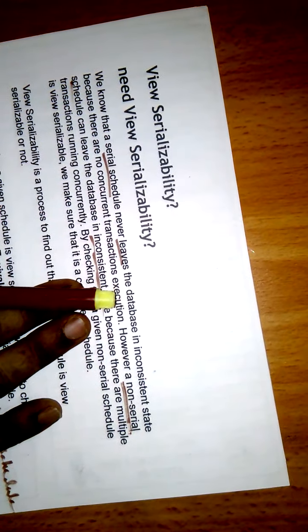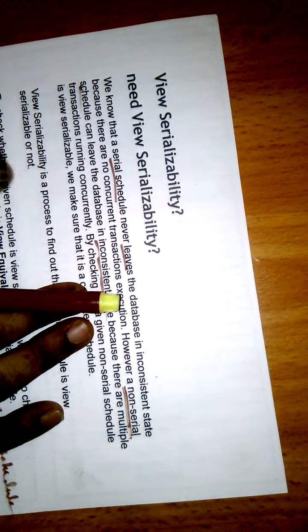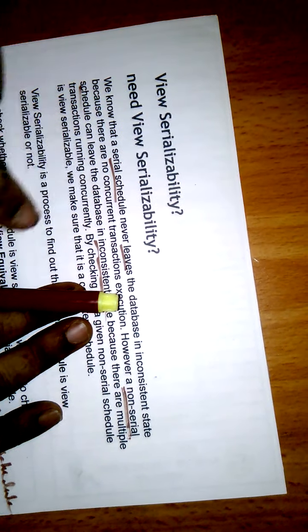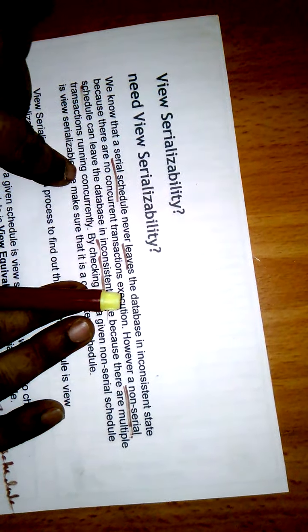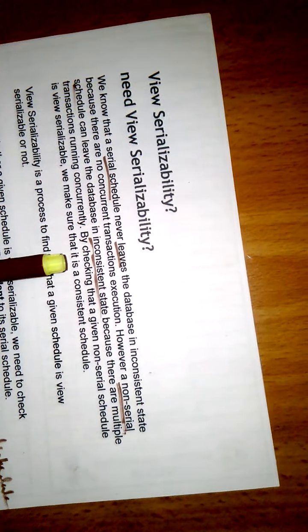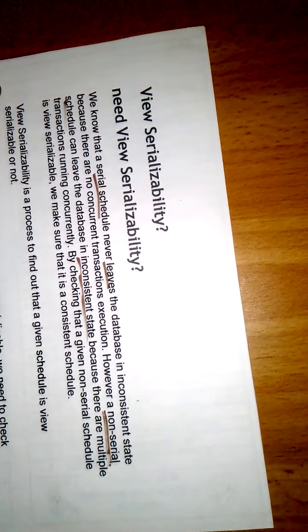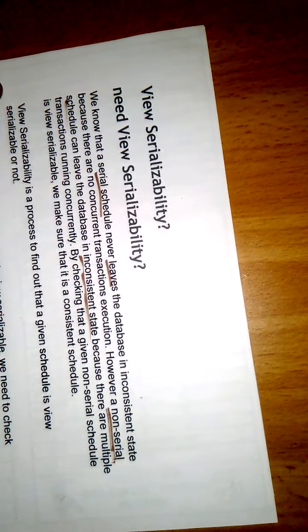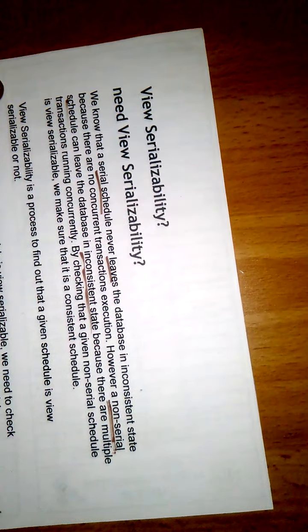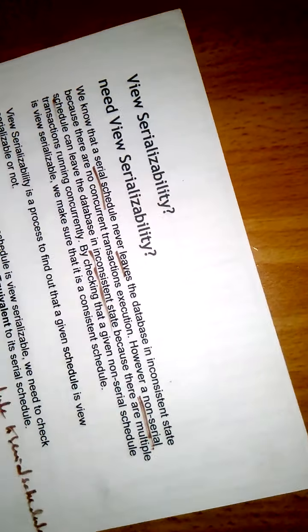But a non-serial schedule may leave the database in an inconsistent state. To check that, we use serializability, checking whether a database is left in a consistent state or not.